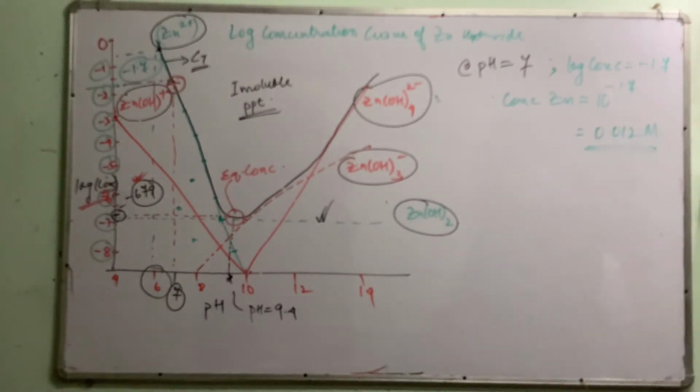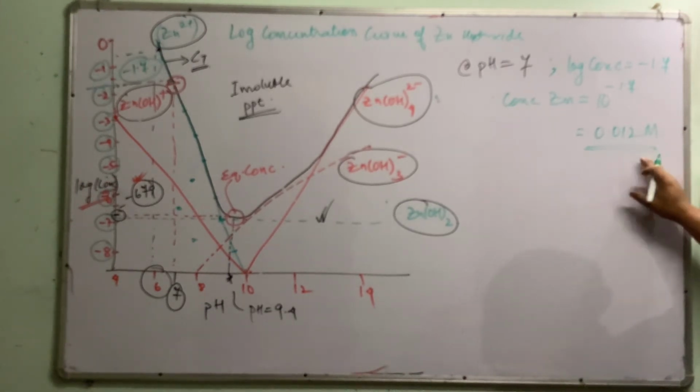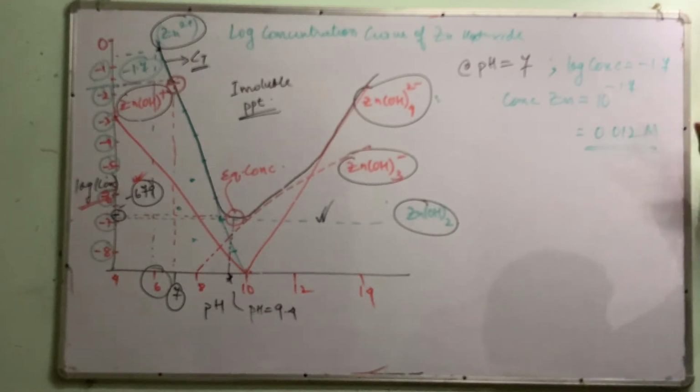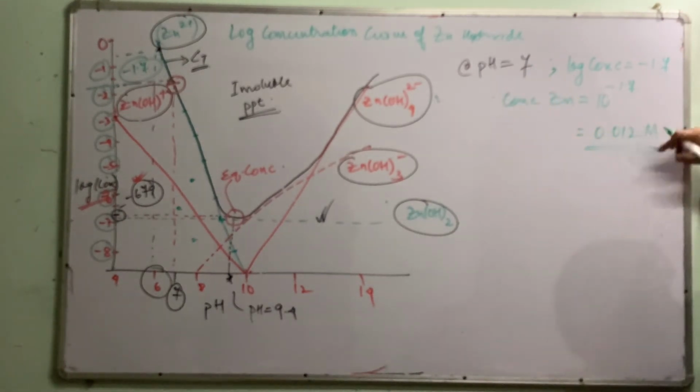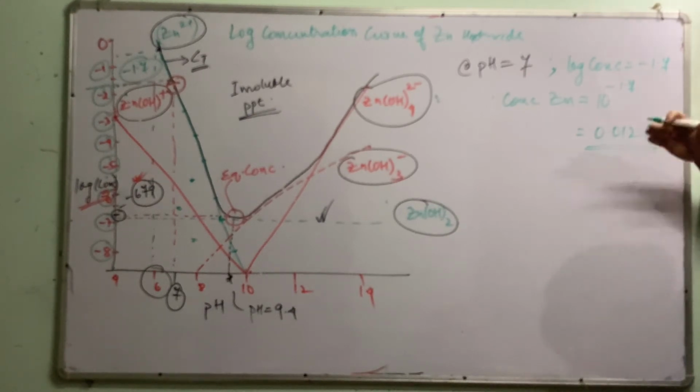Okay. See, the concentration of 0.012 moles is very high. So you have to increase the concentration of zinc by so many moles so that you can precipitate at pH 7. If you increase the zinc concentration, then you will get precipitate.